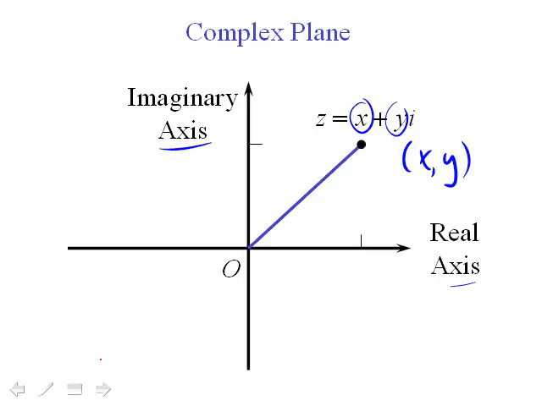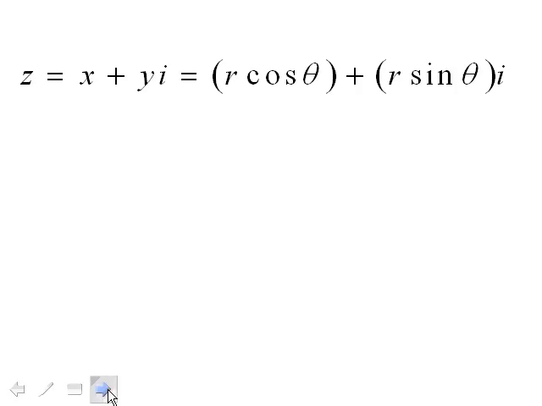So we'll think about an angle theta as we did for polar coordinates, and the distance r as what we'll call the absolute value of the complex number z, and write the absolute value of z in terms of x and y.